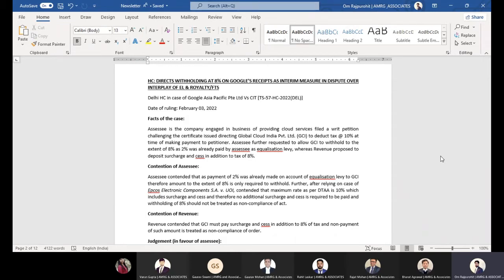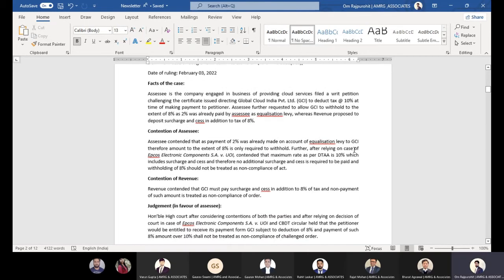Further, the High Court, relying on the case of APCO's electronic component, contended that the maximum rate as per DTAA is 10%, which is including surcharge. So there will be no additional burden of surcharge and cess. On the contrary, the revenue contended that the GCI is also liable to pay surcharge in addition to 8% of tax.